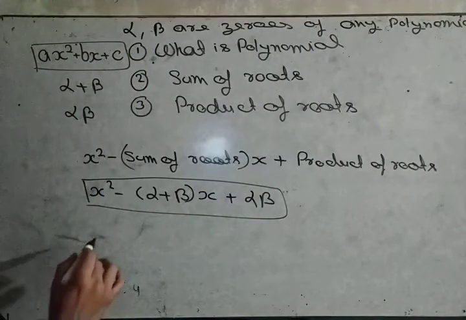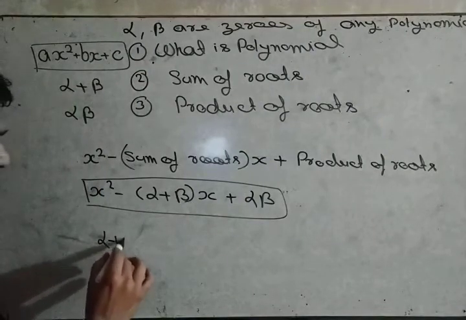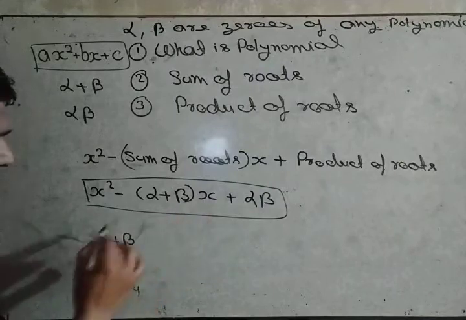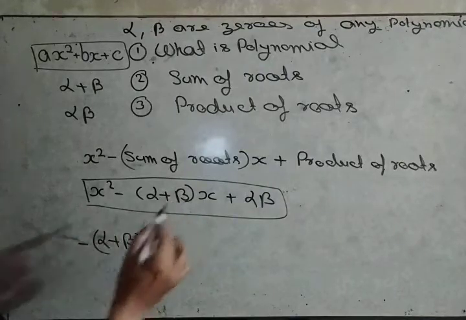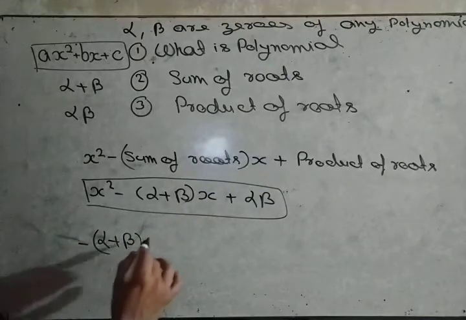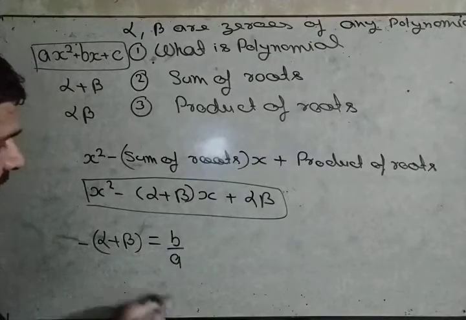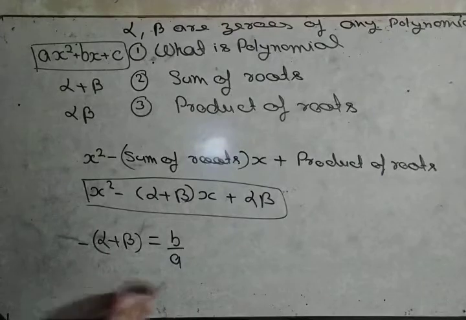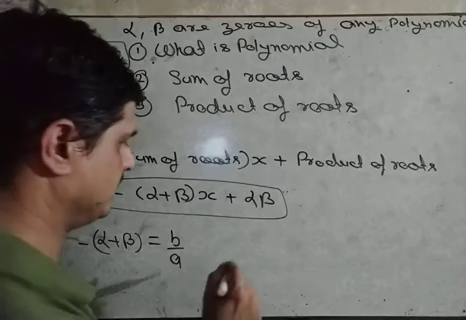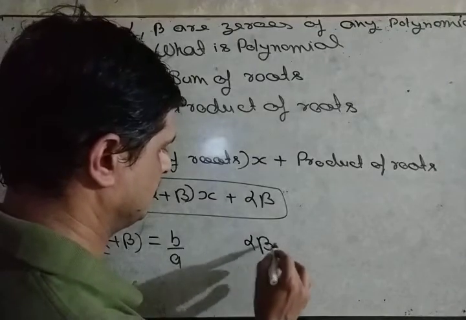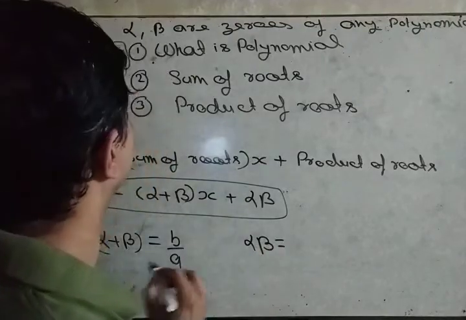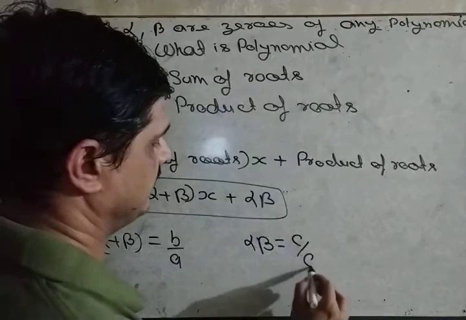So we come to know that alpha plus beta, with the minus sign, we are comparing the coefficients only, is equal to minus b by a. And alpha beta is equal to c by a.